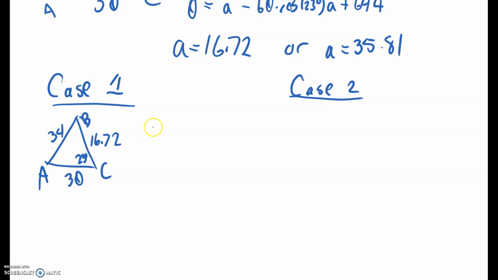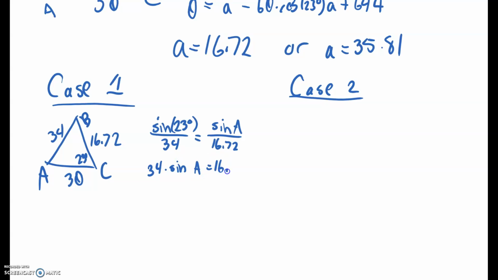But here, if I do sine of 23 degrees, that's angle C, over 34, that's going to be equal to sine A over 16.72. Just like we did before, cross multiply and solve, isolate by multiplying by sine of 23 degrees, and divide through by 34.